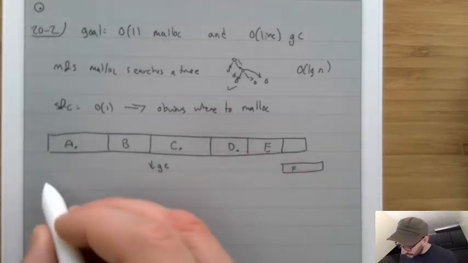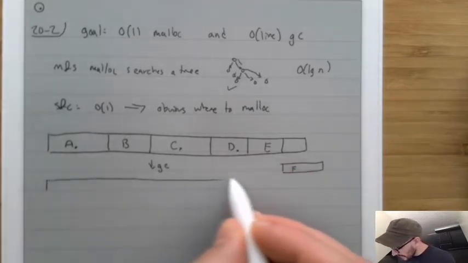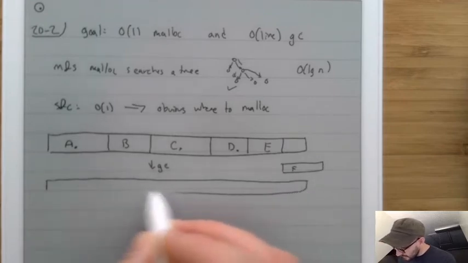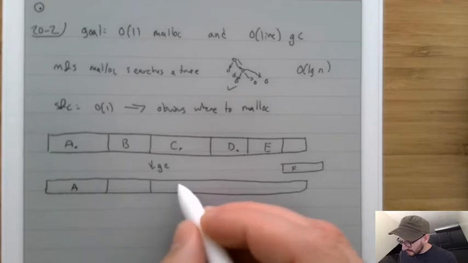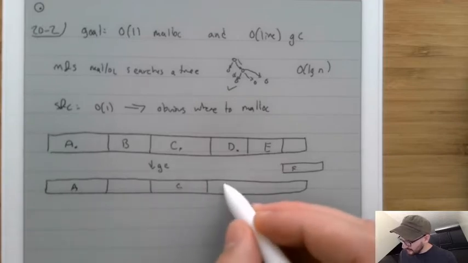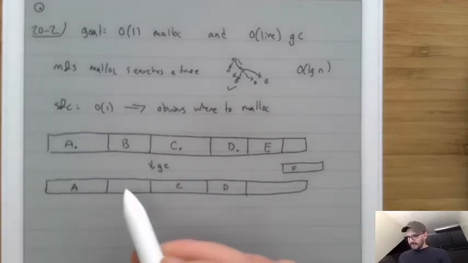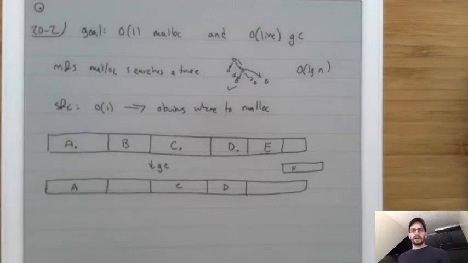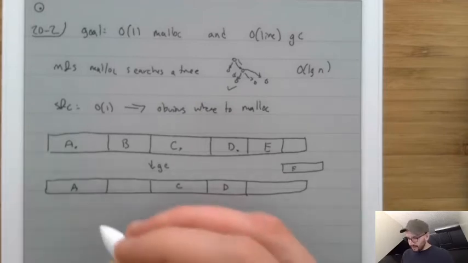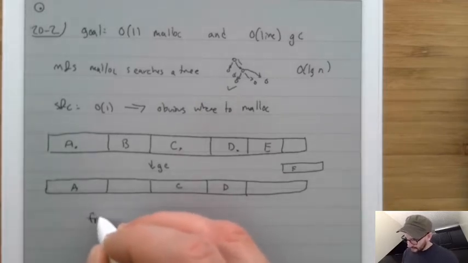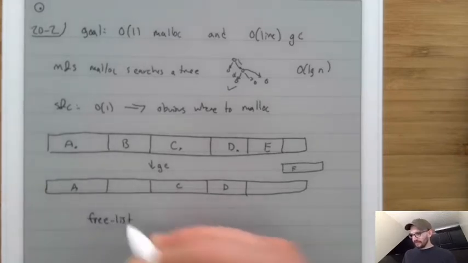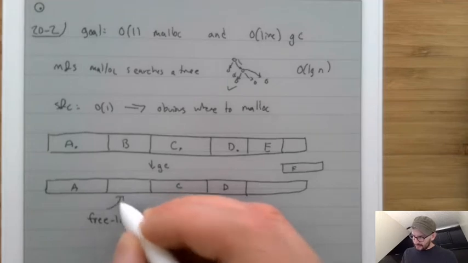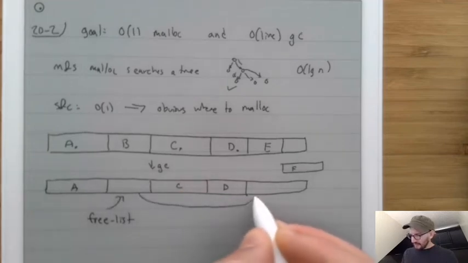Then after we do garbage collection, A is still here, C is still here, D is still here, but then this region and this region are now empty. So that means that our free list, really it's a free tree, but I'm going to draw it as a free list. Our free list says this is free, and then that says this is free.